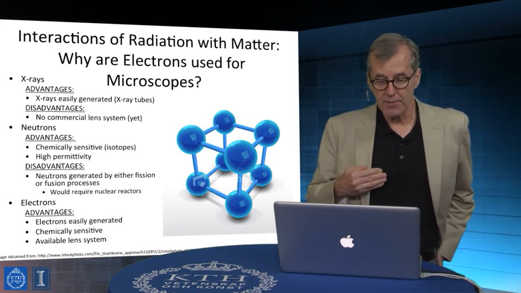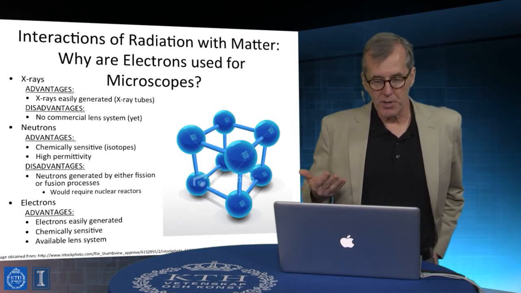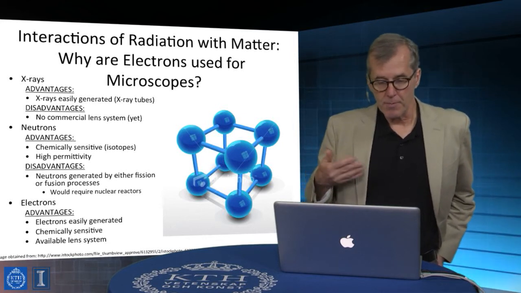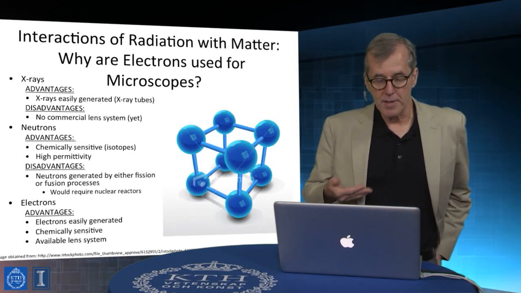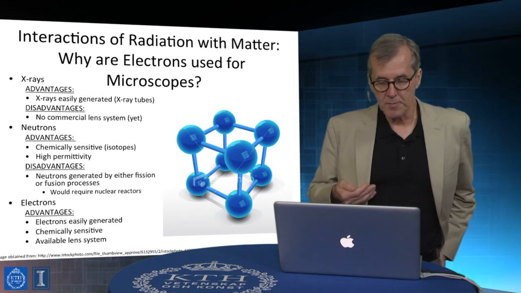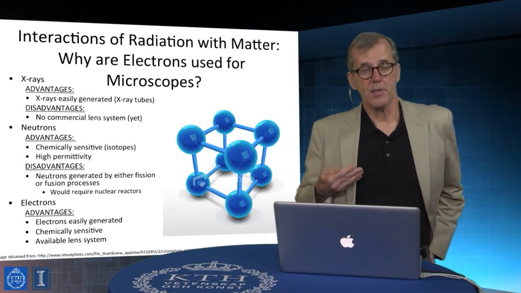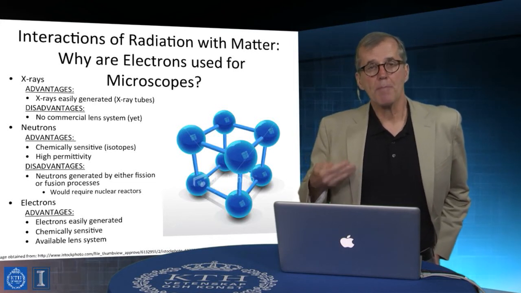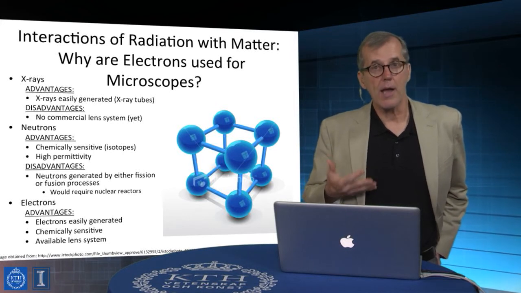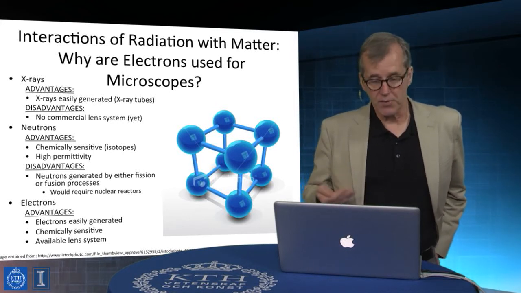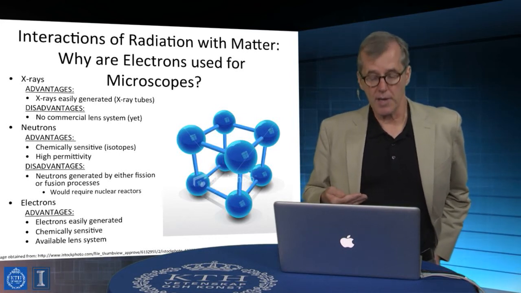So electrons have the advantages that they're very easily generated. They provide mechanisms for deducing chemical bonding information, so they're chemically sensitive. In a very important sense, the way in which the optics work, electron optics work, they're amenable to very high-level forms of design and great sophistication, and it's actually a fairly well understood area of science now.